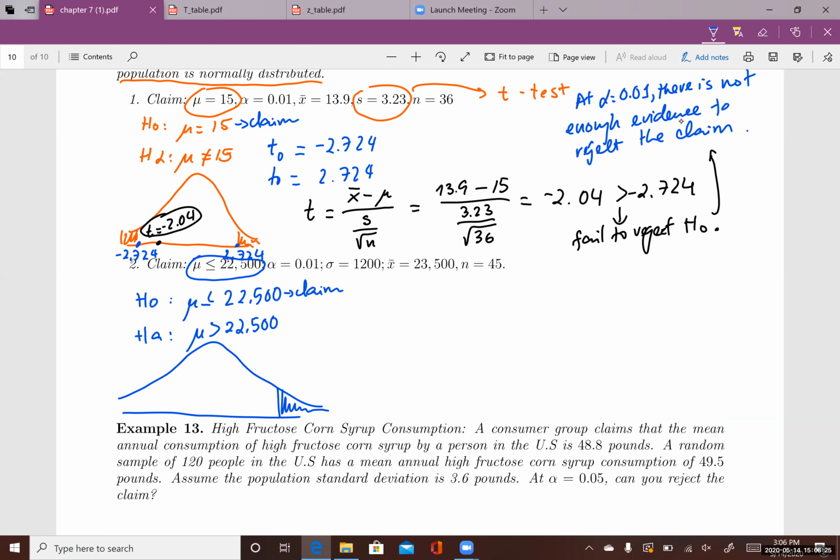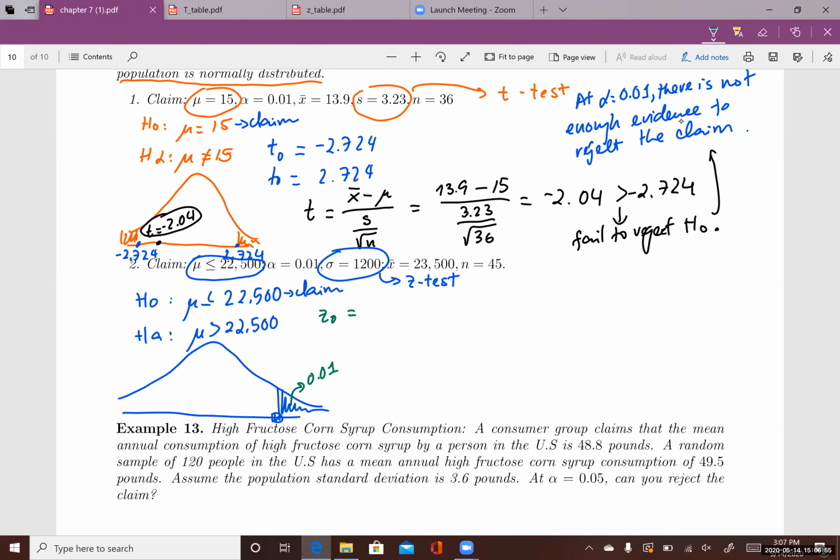Sigma is known. That means I'm going to use the z-test. Well, in this case, I will try to find the p-value and also the z critical value. So first, finding the z0, which is the z critical value. The z critical value is the z score that corresponds to 0.01 to the right.